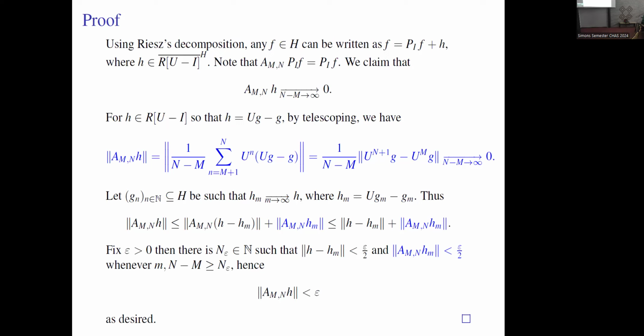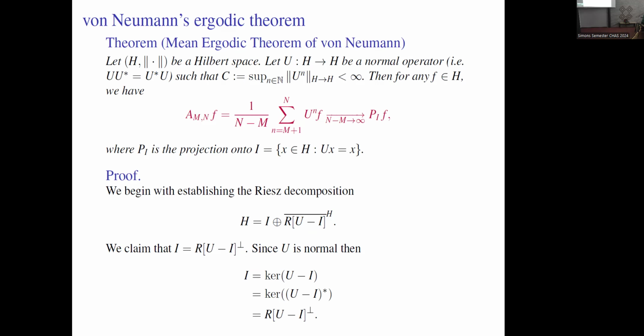So using the Riesz decomposition, if F is from I, and we apply our averaging operator, then we see that this immediately converges to F, because this is identity. Then U on F from this space is the identity operator. So therefore, there is nothing to prove.